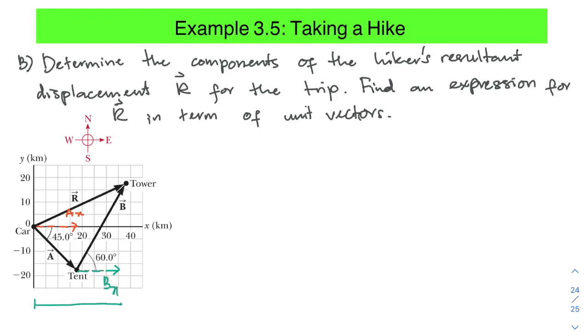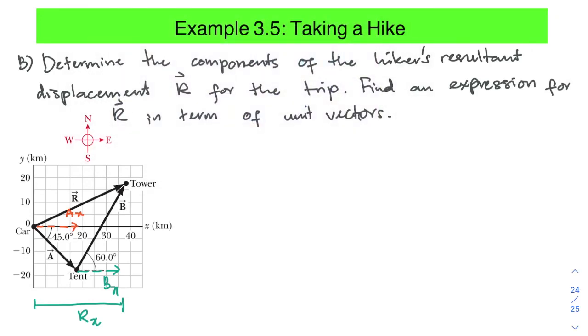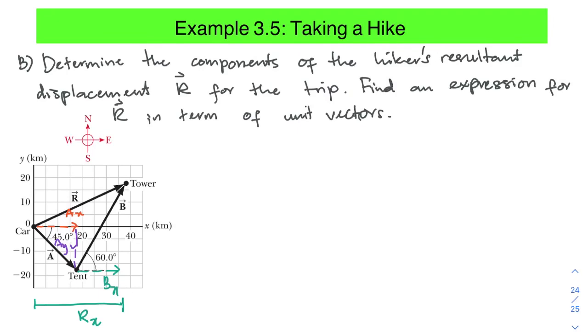So, combination of these will give you RX. And you have here AY and here is your BY. Right, so combination of this along this gives you RY.